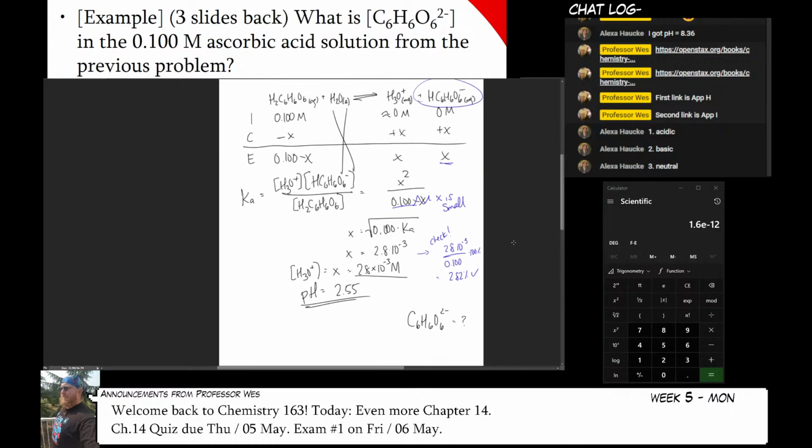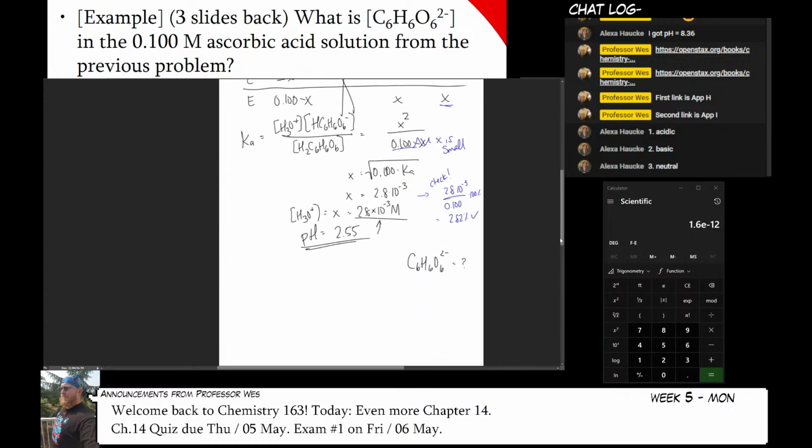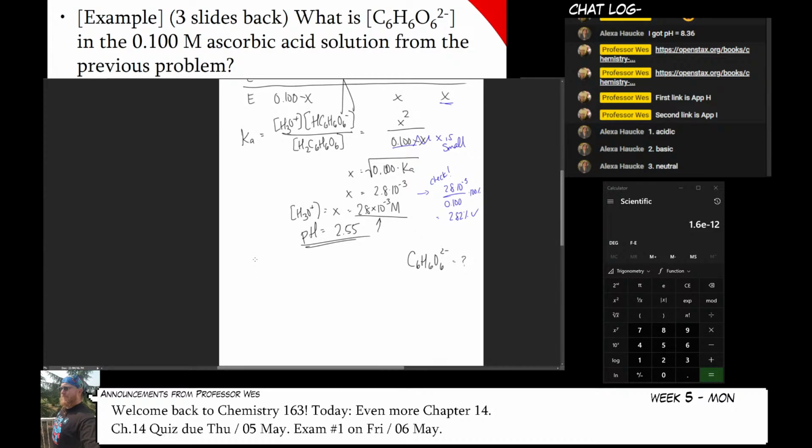All right, here is all of our work from the previous problem. In the first problem, for the first dissociation, there's our concentration of H3O+. But now let's look at the second dissociation.